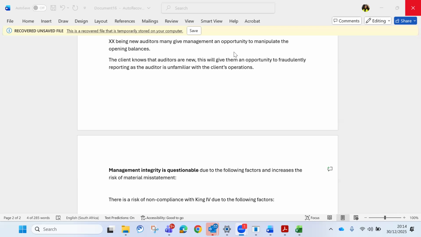Control points that are centralized create an environment that is more susceptible to management overriding controls, because there are just a few key individuals who can bypass every single thing.